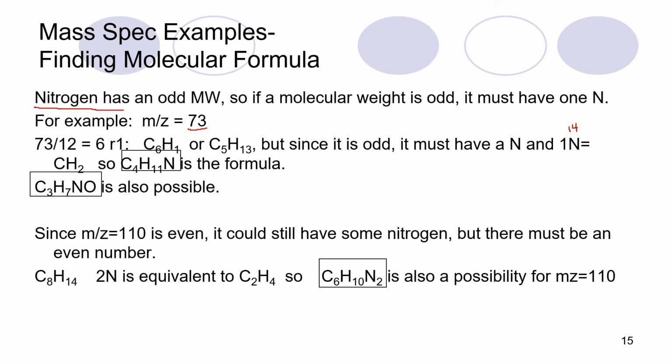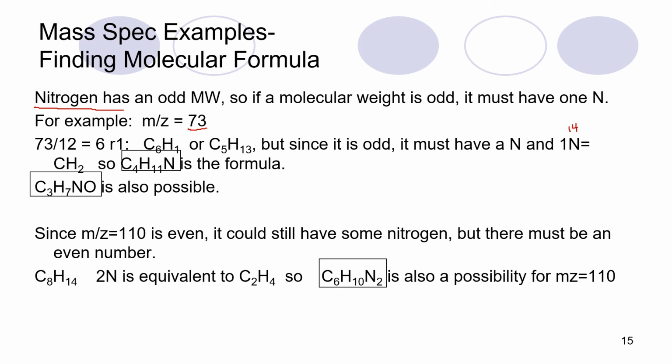Now, going back to the last example, the m/z of 110 is even, but it could have nitrogen. Here's the thing: if the total mass number is even and it has nitrogen, that means it has to have an even number of nitrogens. So it's possible that it could have 2 nitrogens. 2 nitrogens are equivalent to C2H4.